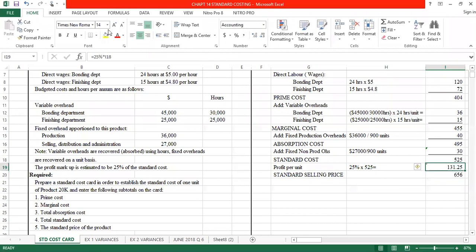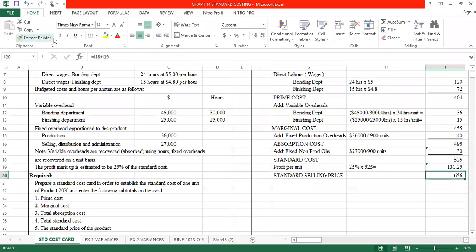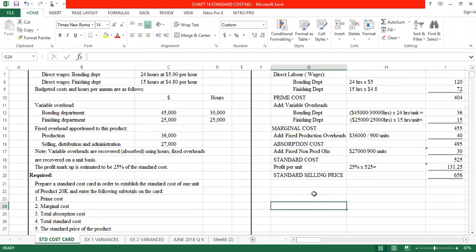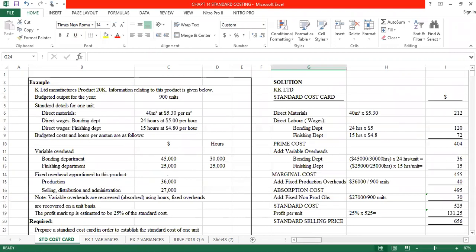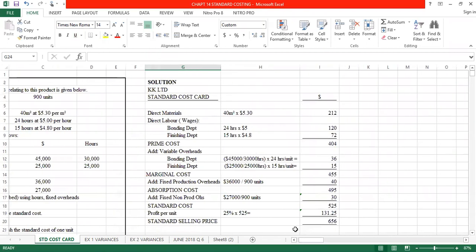And that is what we call a standard cost card. It is something that is fairly straightforward if you understand the flow. So remember, that is prime cost. That is marginal cost.